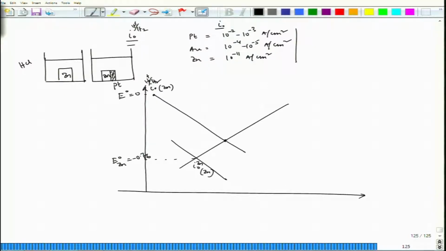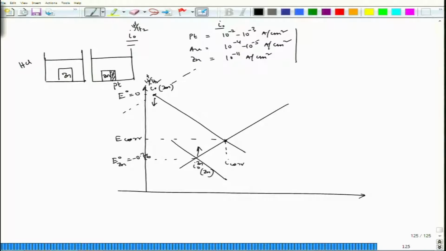As per the theory, this is the potential we would achieve. This is the mixed potential, which is E_corr, and this is I_corr, isn't it? That is what we have seen. Of course, it will have its own anodic overvoltage also, but as per the discussion we have seen, it will go to the negative side and this will go to the positive side, isn't it?